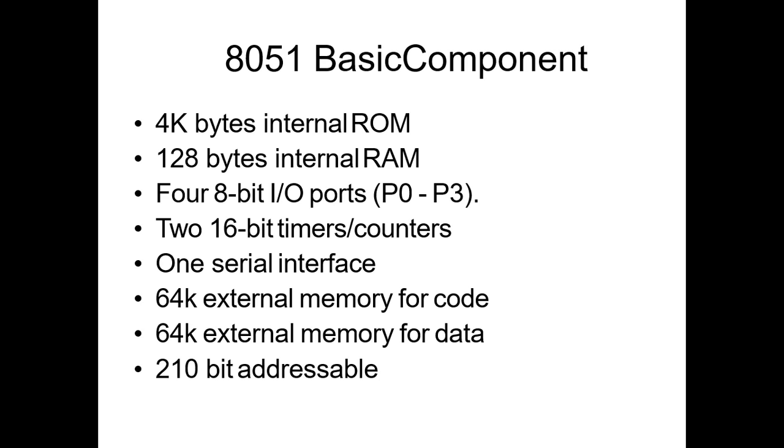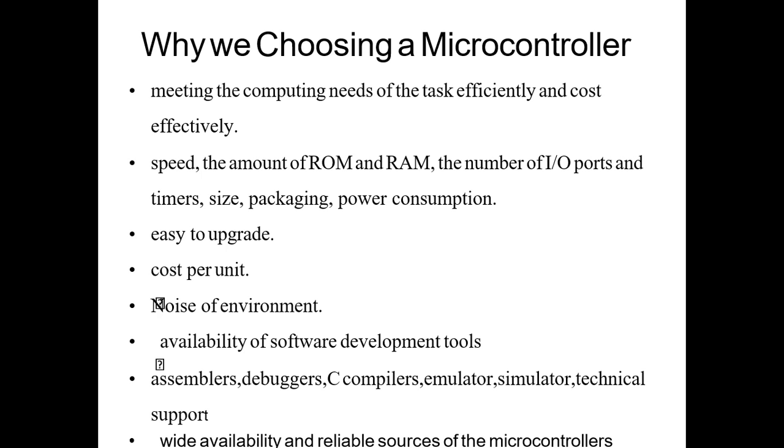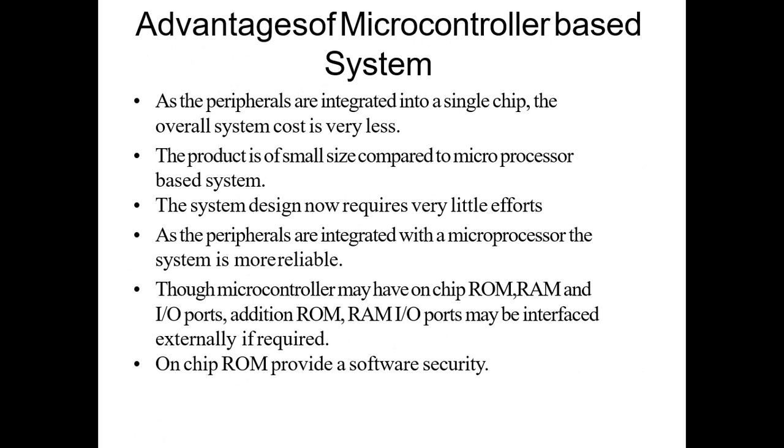Now we'll discuss in detail why we have to choose the 8051 microcontroller over microprocessors. Let us see the various advantages of a microcontroller system compared with microprocessors. The microcontroller has peripherals on a single chip.